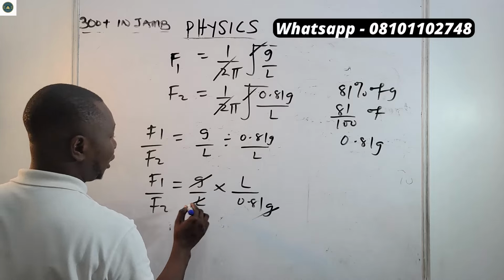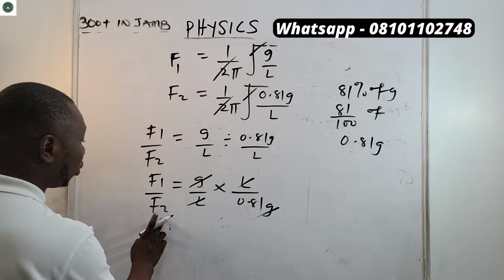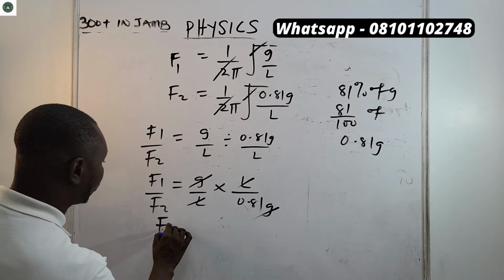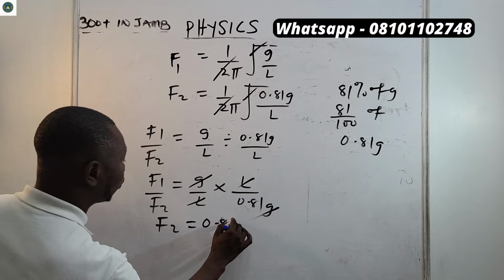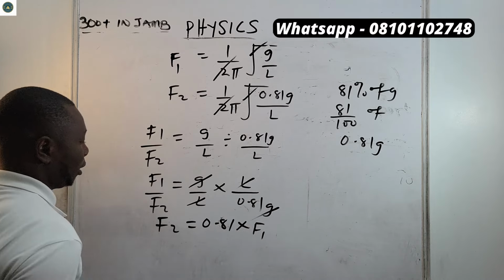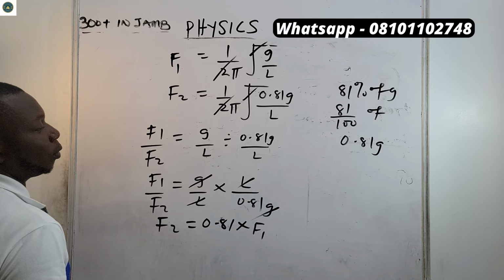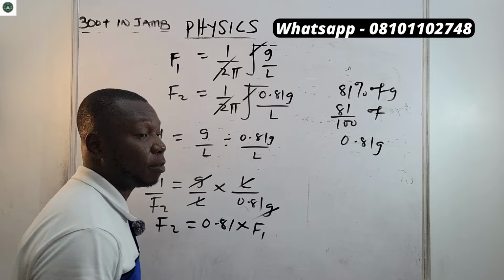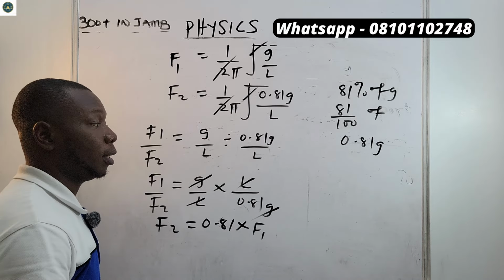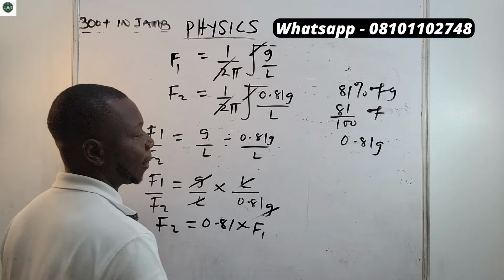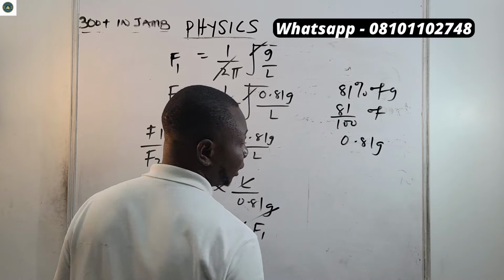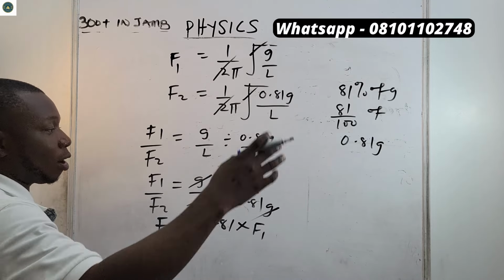G will cancel G. L will cancel L. Now we are looking for F2. So F2 is 0.81 times F1. And what is F1? We've gotten F1 before, the number of oscillation per minute, and it was 90. So 90 over 1 is 90.